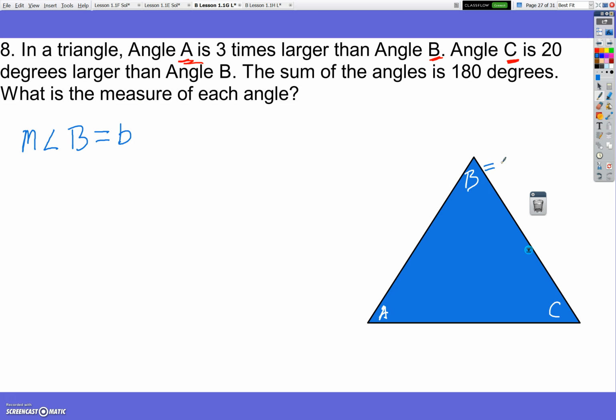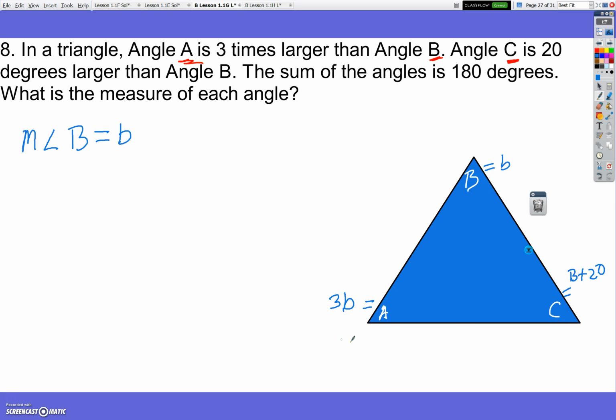So I know measurement of angle B is just B. Now let's look at the second part. Angle A is 3 times larger than angle B. So I know this angle is 3 times larger than angle B. That's what angle A is. And it says angle C is 20 degrees larger than angle B. So if I take angle B and I add 20 to it, that will be angle C.